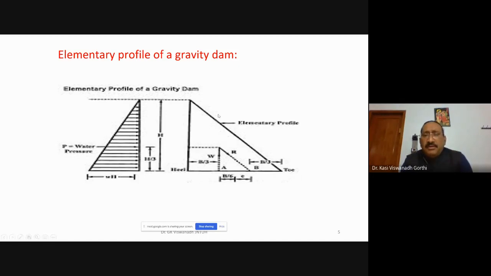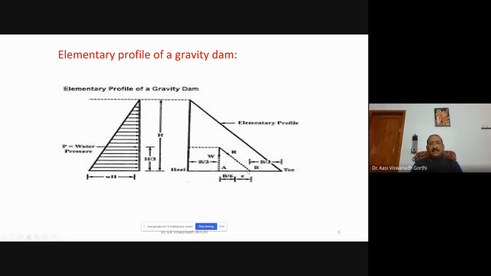Whenever you are constructing the dam, naturally there will be self-weight, and by definition of a gravity dam, the self-weight of the dam itself should be able to resist all the forces coming onto the dam. The self-weight may be assumed to act through its CG. Since you have a simple triangular section, if B is the base width, then the self-weight W will act through the CG, at 1/3 of B from the heel and 2/3 of B from the toe.